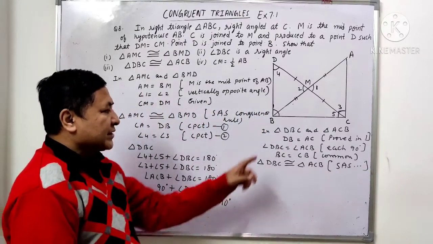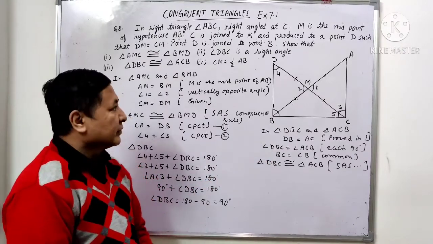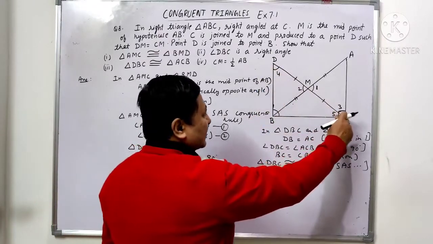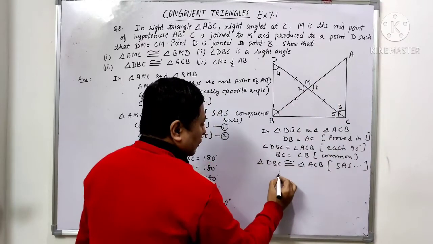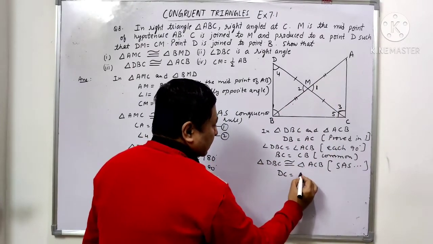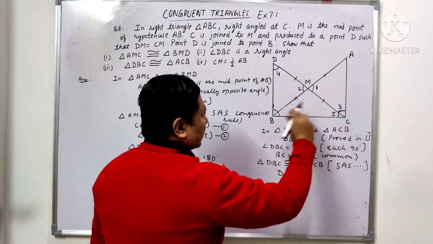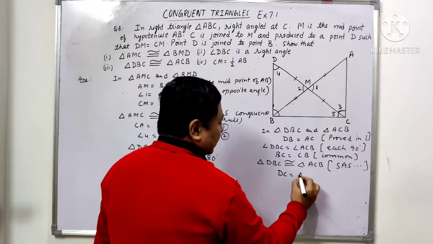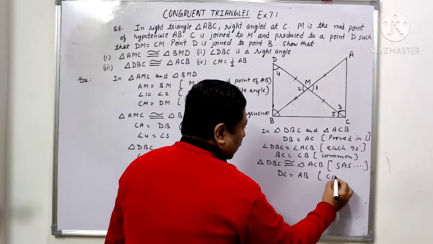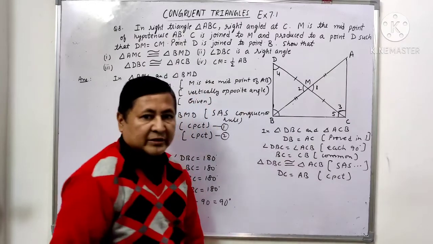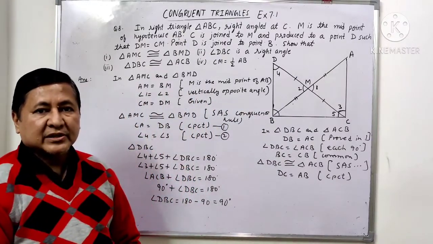Now the remaining side, DC and AB, will also be equal. DC this side and AB this side will be the corresponding parts, and we know that the corresponding parts of congruent triangles are equal.